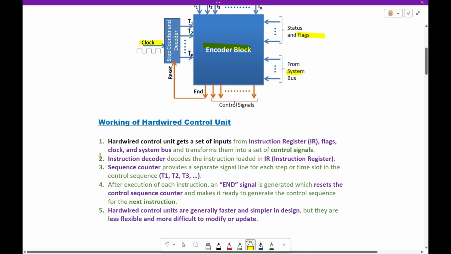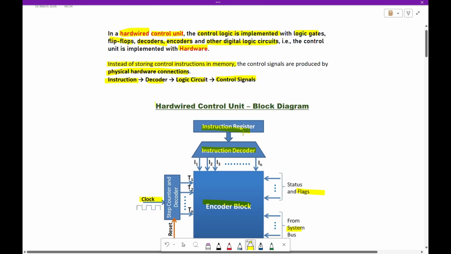So the instruction decoder decodes the instruction loaded in the instruction register, like the instruction which is loaded inside the instruction register from the memory is decoded by the instruction decoder and sent in the form of a set of inputs like I1, I2, I3, IN.